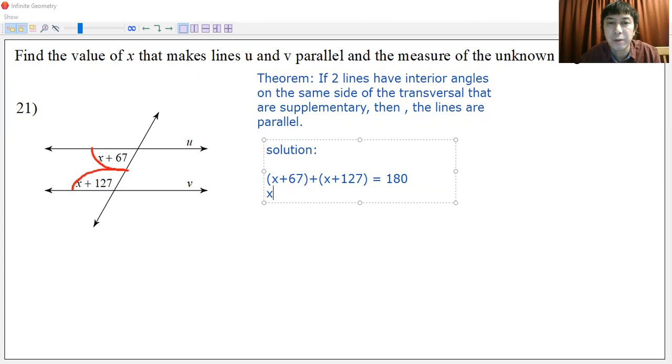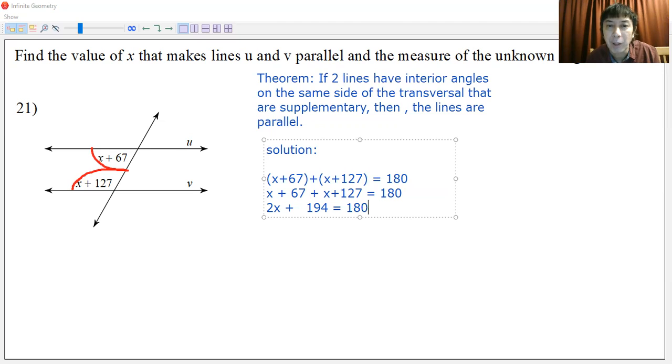Removing the parentheses, we have x plus 67 plus x plus 127 equal to 180. x plus x is 2x. 67 plus 127, how much is that? 14, carry 1, that should be 9 and 1. So we have 194. That equates to 180.